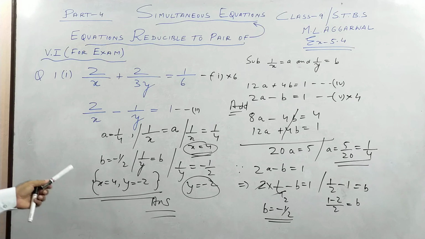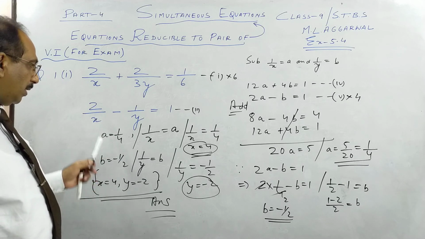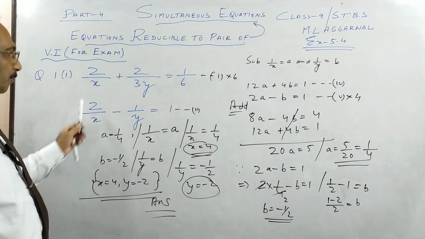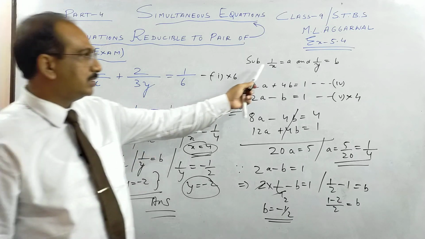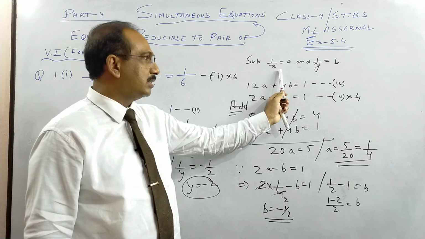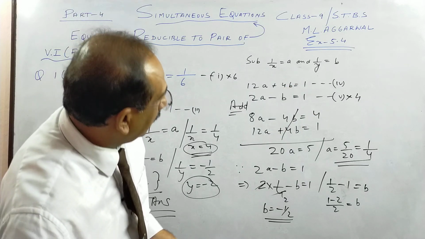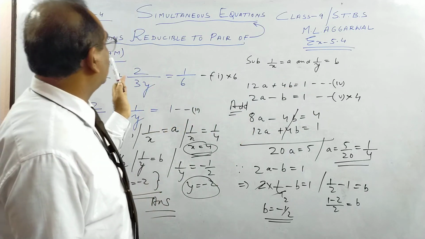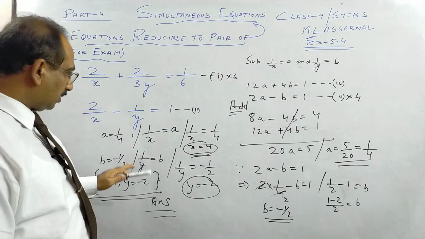So once more, I hope you have copied. We first multiply by 6, I told you. We get rid of this 3 and 6. Then we assume 1 by x is a, 1 by y is b, and we get... So finally, as I was telling you, equation reducible to pair of simultaneous equation.